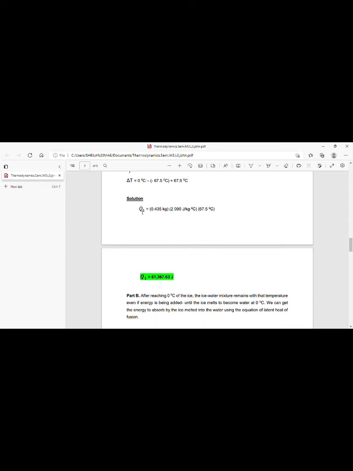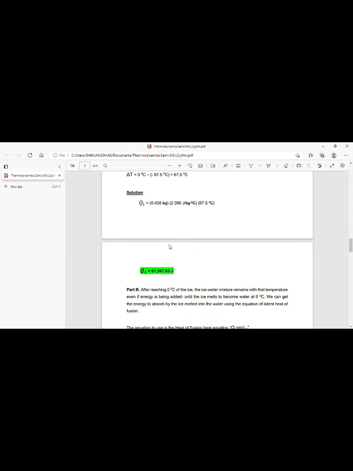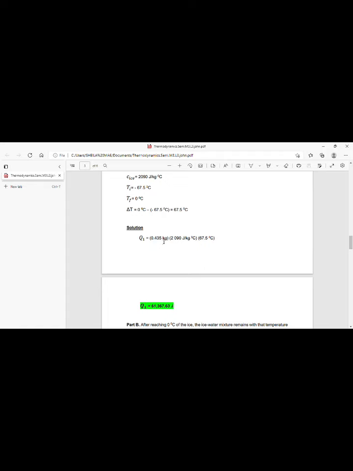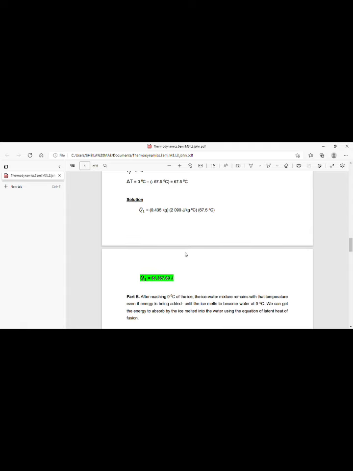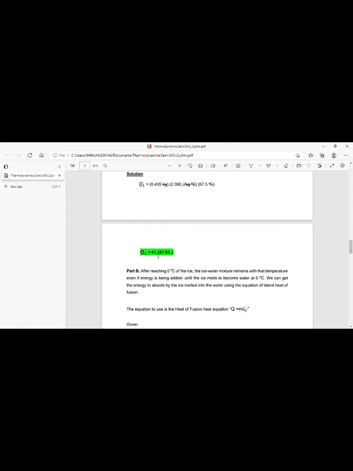Q stands for the heat energy. Heat energy is equal to the mass, the specific heat, and the change in temperature of the ice. Calculating it, the mass times the specific heat times the change in temperature is equal to 61,367.63 joules, which is our heat energy in part 1.